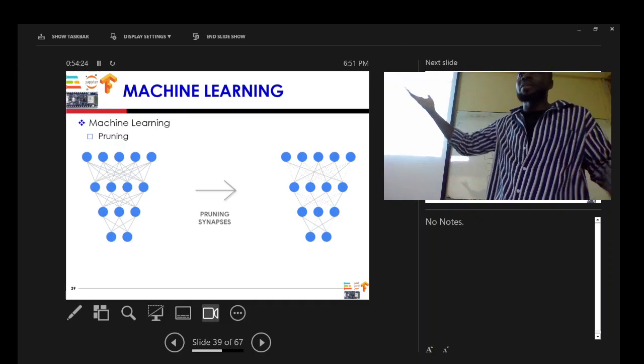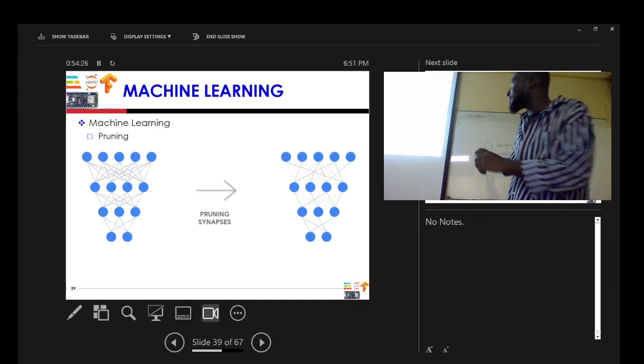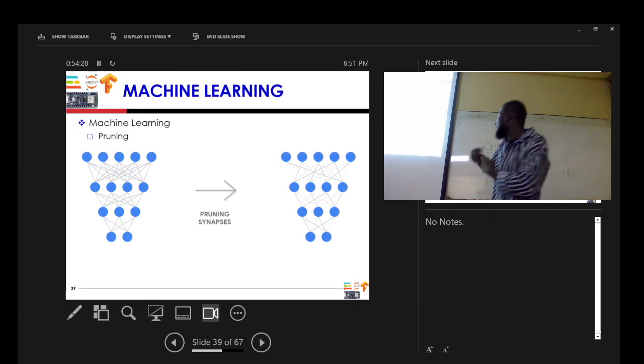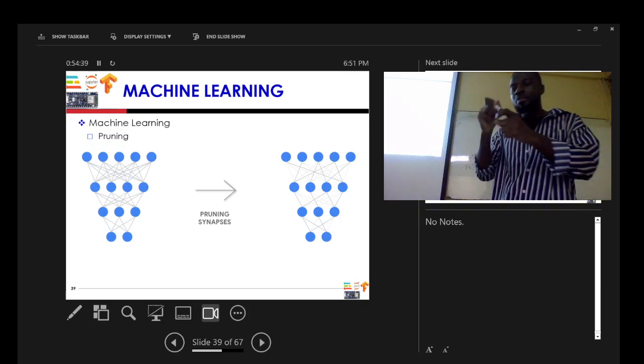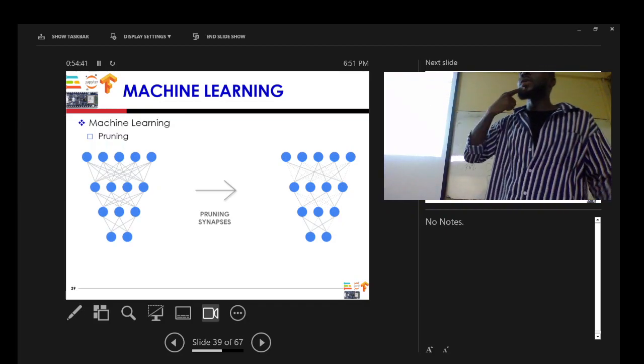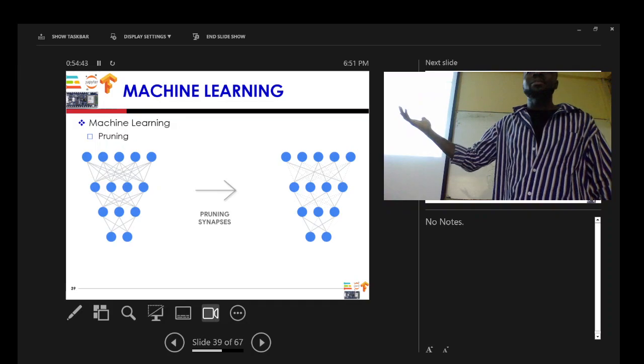Of course, you can't get the original, but as close as possible. If the original has an accuracy of, let's say, 80%, you should be targeting an accuracy of 78% after reducing. So it shouldn't go below some number. Once you remove the interconnections, you are reducing the size.